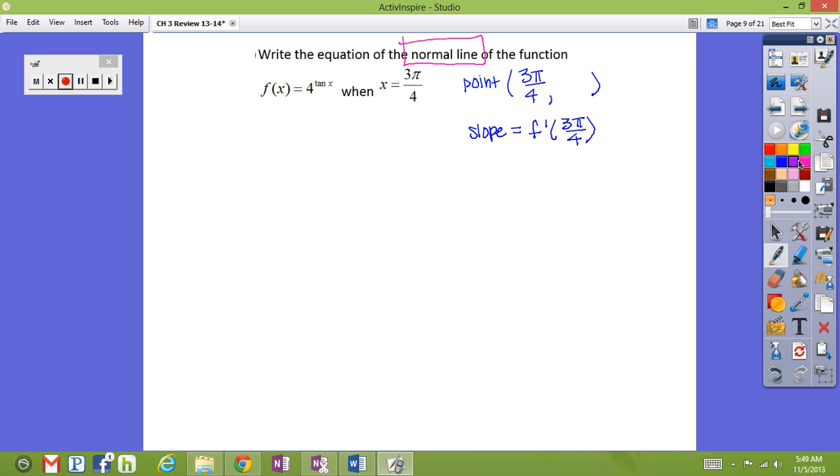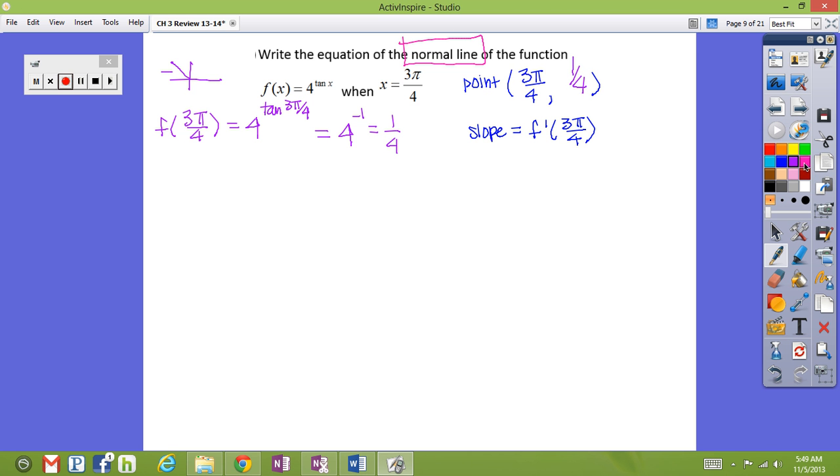So, starting with the point, let's do f of 3 pi over 4. That's 4 to the tangent of 3 pi over 4. So I need the tangent of 3 pi over 4, second quadrant, tangent's negative. Tangent values for pi over 4s are always 1. So this is negative 1, which is 4 to the negative 1, which is 1/4, not negative 1/4.